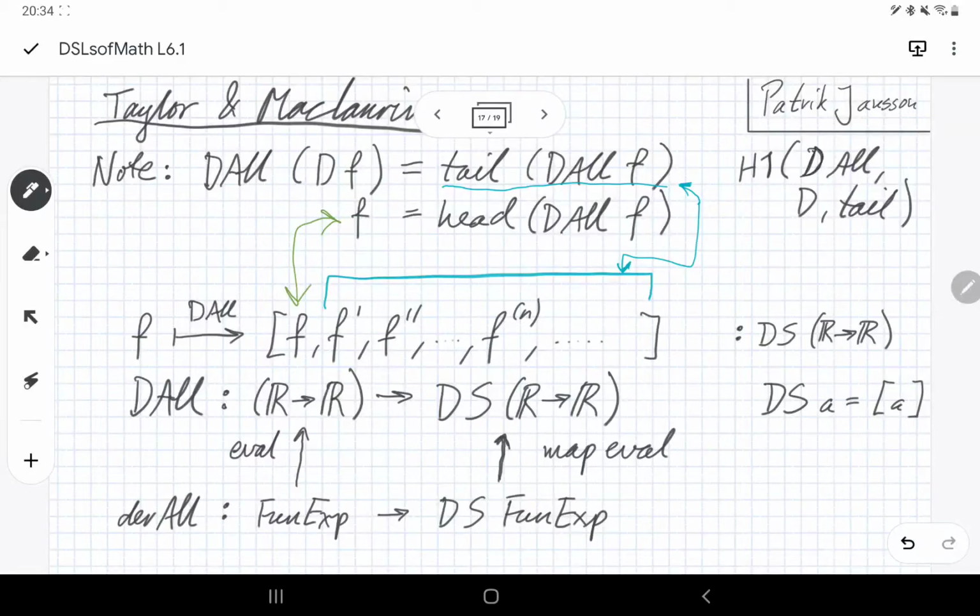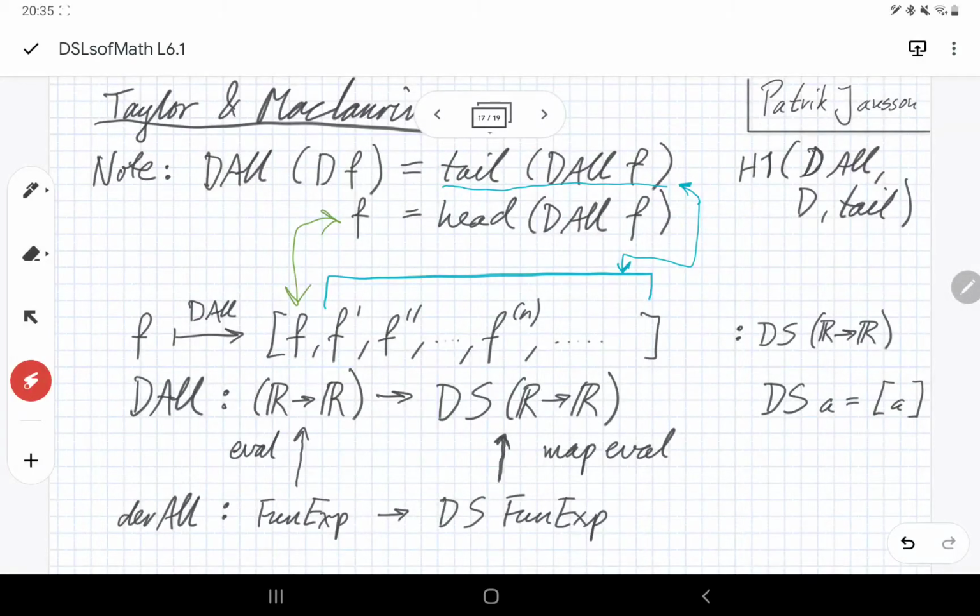Let's see if this makes sense. I'm claiming that the D-all function takes us from a derivative to tail. And what this is saying is the first line here, so remember what h1 is saying? h1 is saying if I apply the function after this operation, I should also be able to apply this function D-all before, but then it might be another function.